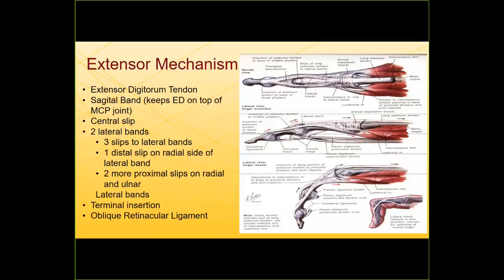Because they insert on the lateral bands, they extend the distal IP joint through creating tension on the extensor mechanism, but they also flex the MP joint because they lie beneath it. When they contract, they pull down the MP joint. So that's why this is called intrinsic plus, because the interossi and the lumbricals, the intrinsic muscles, are making this happen. That's what we call this position.